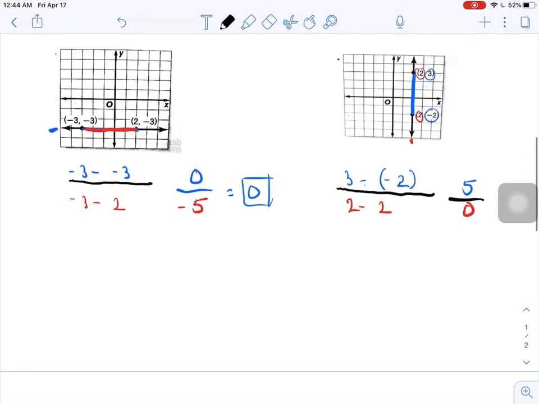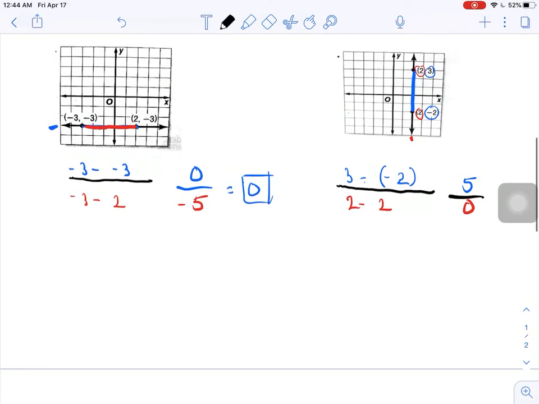So to help you think about what's going on, we're going to do a little aside down here. If we were to divide this out, because you were doing that yesterday, you were dividing out your rate of change to get a single number for your answer, we would have to do 5 divided by 0, which equals something. Now, we're going to think about fact families for a minute. When we were learning about integers, positive and negative numbers, we did a little bit with fact families. So if 5 divided by 0 equals some answer, then I should be able to work backwards and multiply.